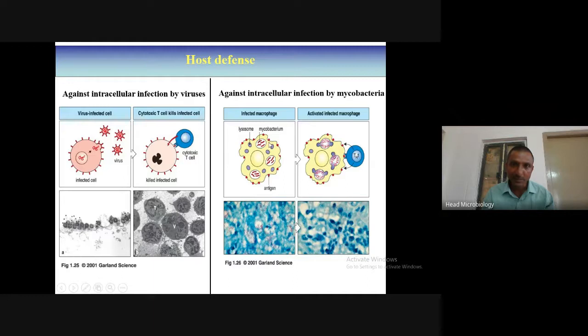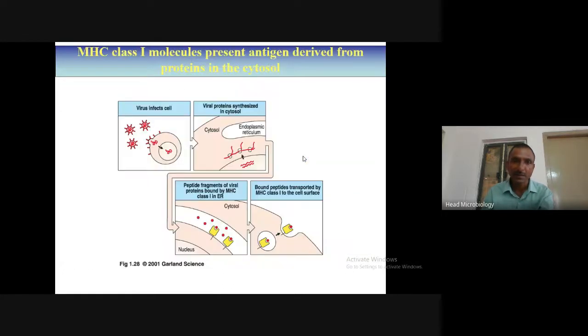Here the macrophages take up mycobacterium into the lysosome, they are presented in the macrophages, and then these enter the activated infected macrophages.